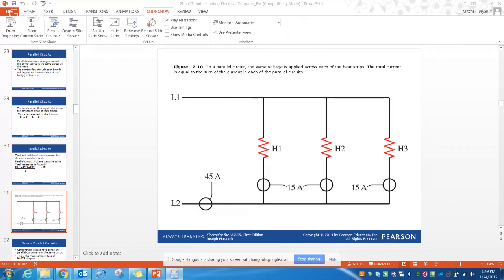Because you guys may very well see this. You may very well see a load in parallel somewhere. And you may need to figure out, especially let's just say these three are the coils inside of a motor. And one of these coils, let's see, are those in parallel though? No, not really in parallel. Yeah, definitely coils in a heater.